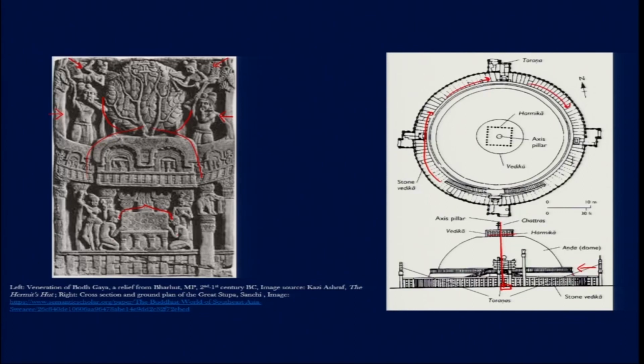Then 4 gateways were added to the 4 cardinal directions. The 4 cardinal directions, the axis mundi, the idea of the cosmos, all of them came to represent the Buddhist cosmology, and in a way to locate ourselves in relation to the center of the universe, that is Buddha himself.